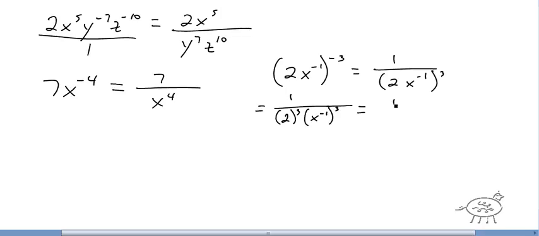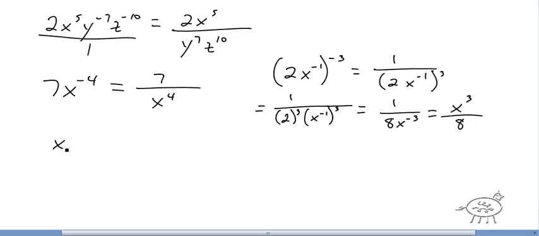So that gives us 1 over 8 x to the negative third. Are we done? Of course not. We still have a negative exponent, so that moves to the top of the fraction. So it's x cubed on top, and the bottom is 8. Okay, pretty mellow.